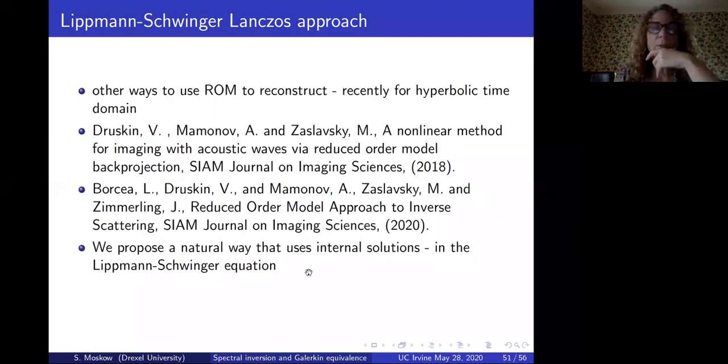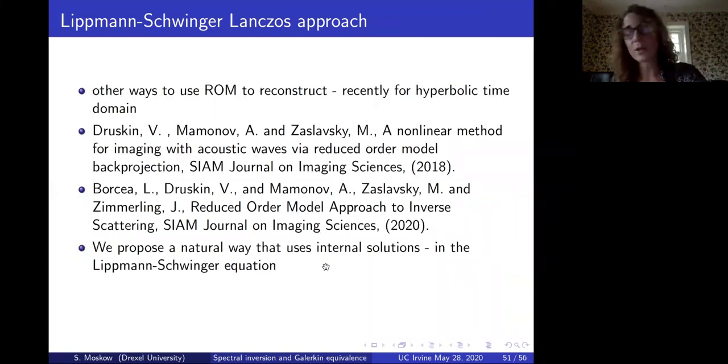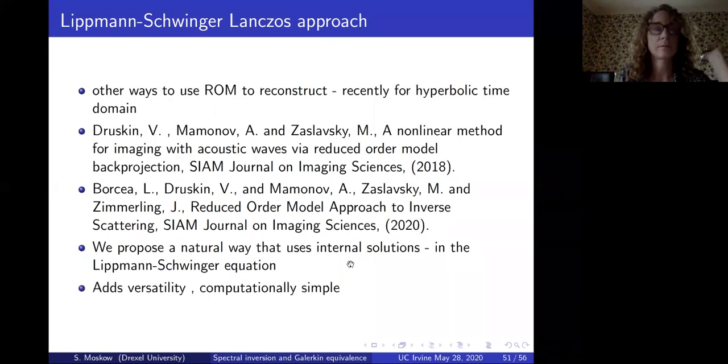But if we are thinking about the internal solutions a little bit, we also want to propose what seems to me to be a natural way to use internal solutions, and that is in the Lippmann-Schwinger equation. When you view things in the context of a Lippmann-Schwinger equation, it gives a nice formulation, I think, that shows that this idea could be extended.